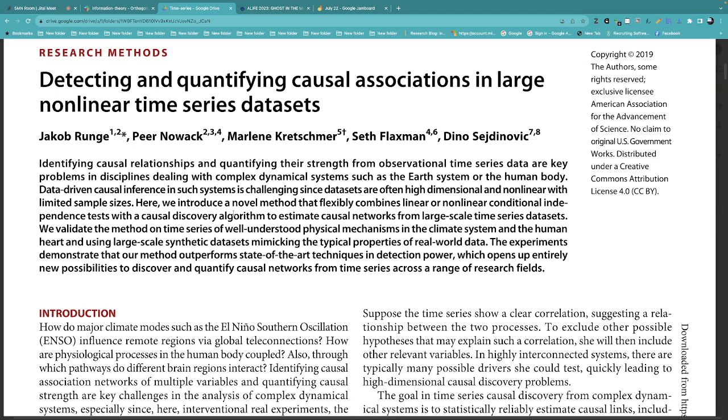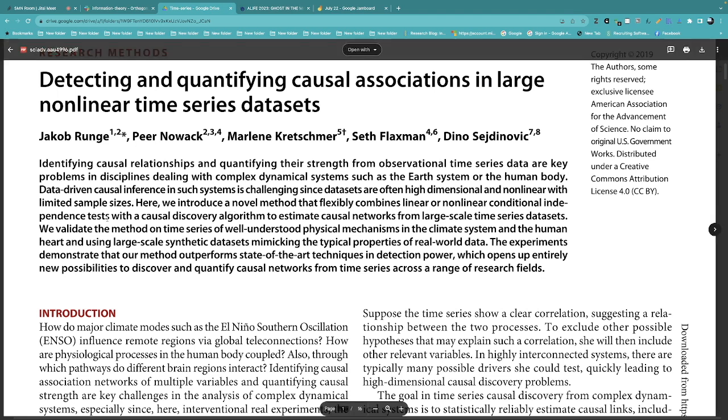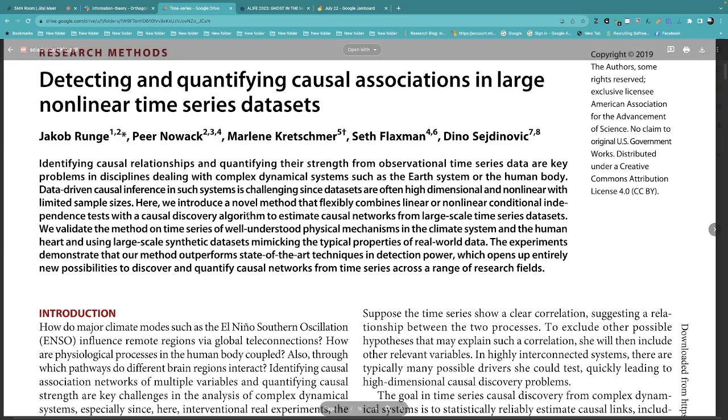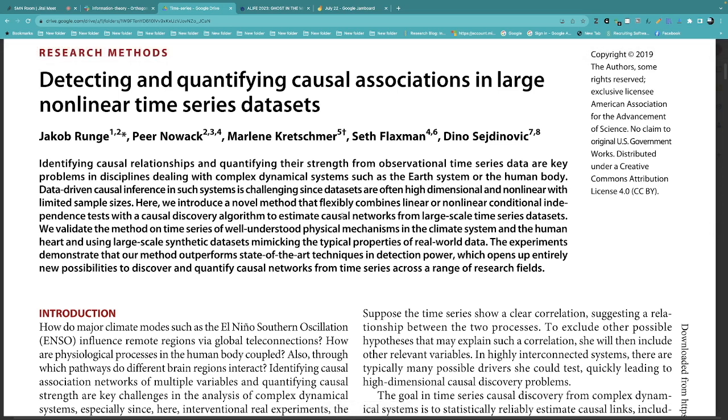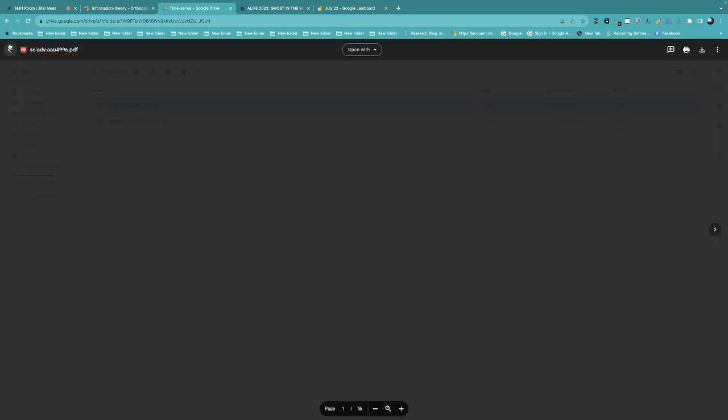So they kind of talk about some of these independence tests that we talked about. They have a causal discovery algorithm that allows them to estimate things on these causal networks. And this is using time series data, so it's a little bit different way of doing it, but it uses a lot of the same tools.